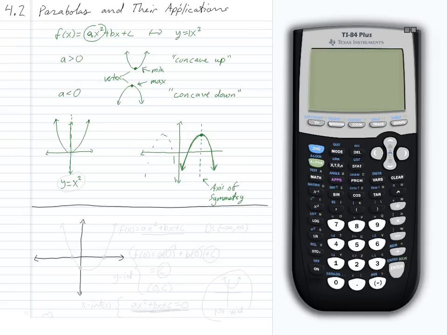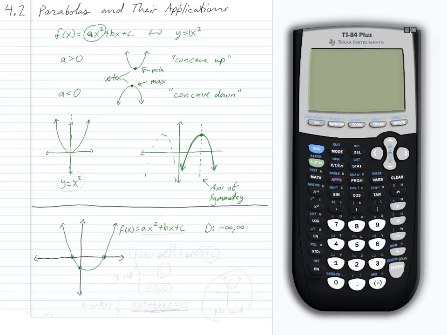So if we look at the graph of a parabola, just make one up, we see that this one has two x-intercepts and a y-intercept. Now in the notes it says that every parabola will have a y-intercept, and that's because the domain is all real numbers.